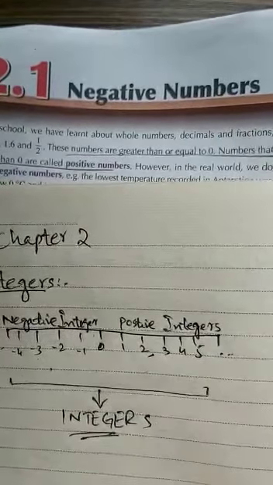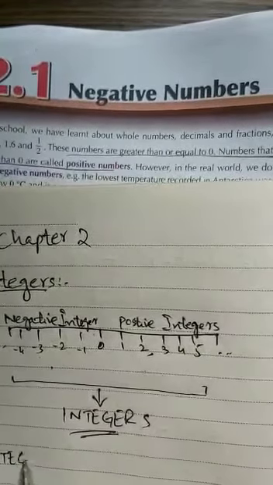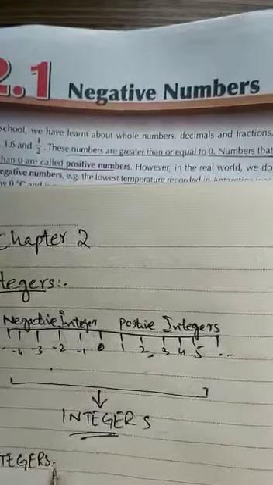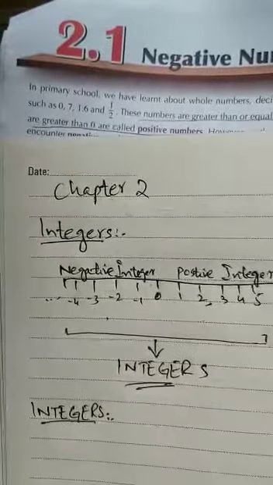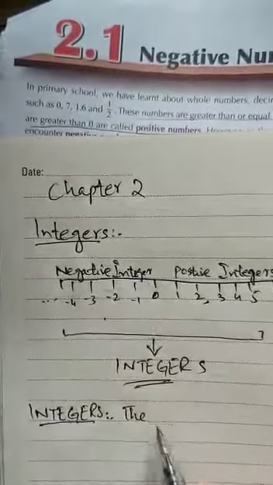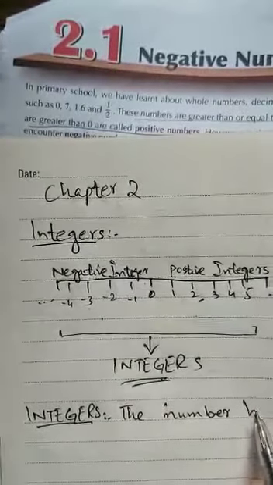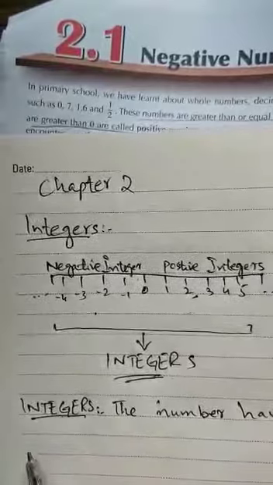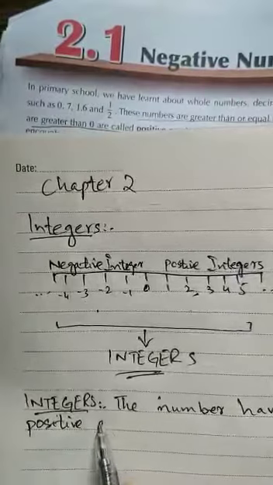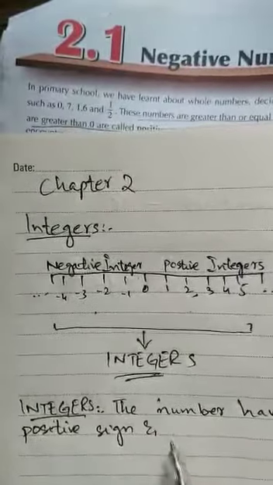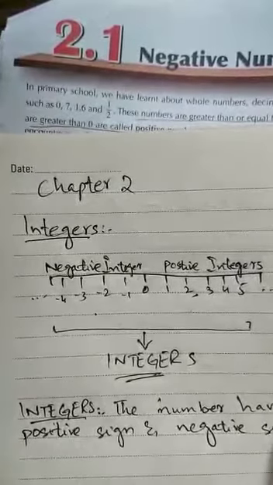If we write down the definition: integers are the numbers having positive sign and negative sign.